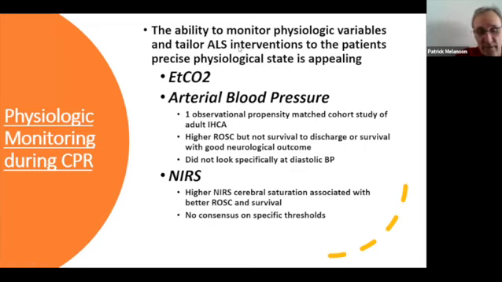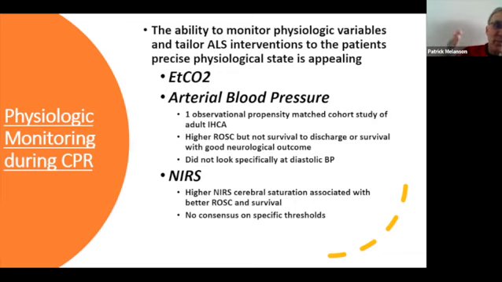The last thing I think I'll talk about, because time is running out, is physiologic monitoring during CPR. The ability to monitor physiological variables and tailor your resuscitation interventions to precise physiologic states is very appealing. In other words, why should it be different if somebody is in a PEA arrest versus somebody severely hypotensive in the ICU in terms of the degree of physiologic monitoring and the physiologic endpoints?